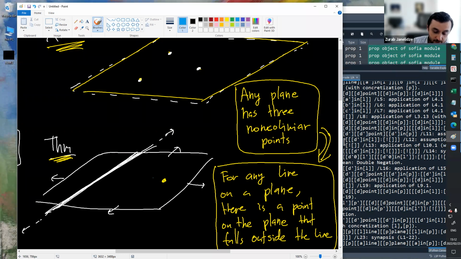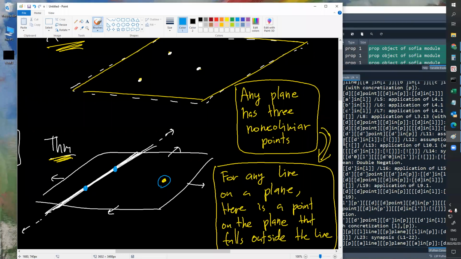Now, out of these 3 points, at most 2 might accidentally end up lying on that line. The third one cannot end up lying on this line because by the axiom, the 3 points cannot lie on the same line. They're non-collinear points. So it then must lie outside the line. Is this a good explanation of what you meant? Yes, exactly. So does everyone understand this? Please say yes or no in the chat.